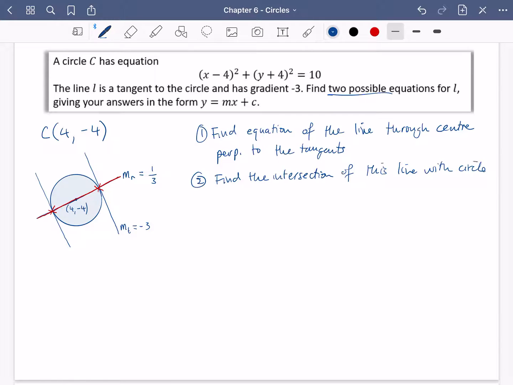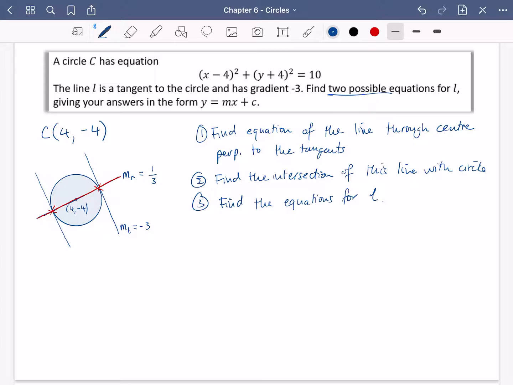And then what we will do is we will use these to find the equations for L. Okay. Difficult to see in these questions. You're willing to draw a diagram and sort of solve this problem like it's a puzzle, really. So we're going to find the equation of the line through the center, which is perpendicular to the tangent.